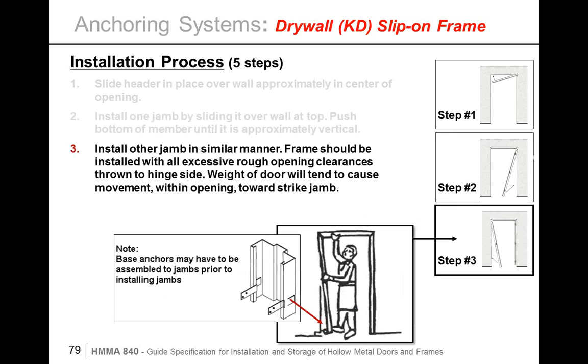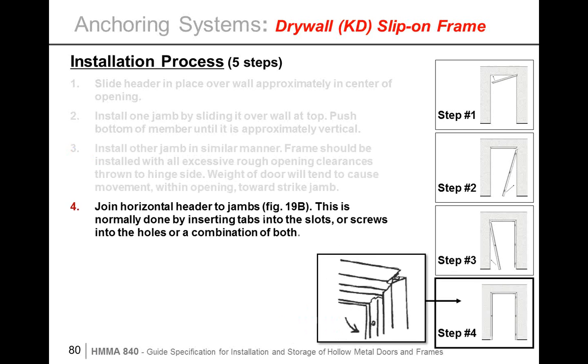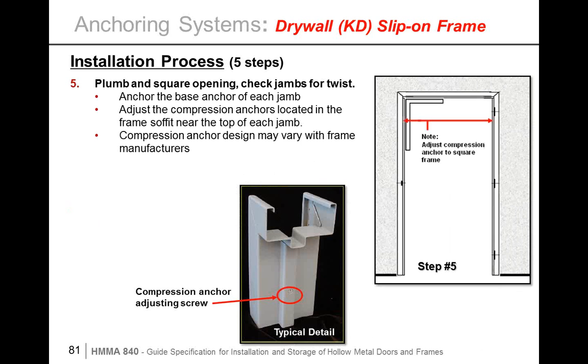Sill anchors are attached before locking in place. The miters are engaged and locked in place. There may be screws required in some manufacturers' corners or in labeled frames. And then finally, the anchoring occurs.